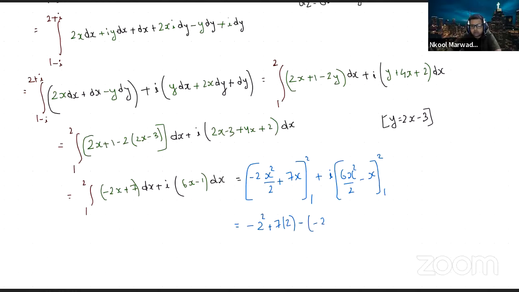Similarly, here it will become i, 3x square minus x. So 3 into 2 square minus 2, minus 3 minus 1.